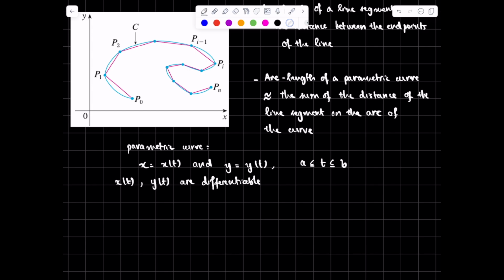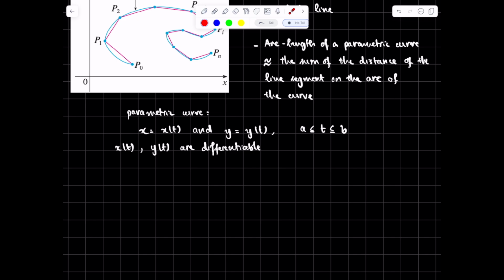That is, we can find the derivatives of x of t and y of t. Again, to get to the formula, we partition this curve into multiple line segments, and we want to calculate the length of each line segment.